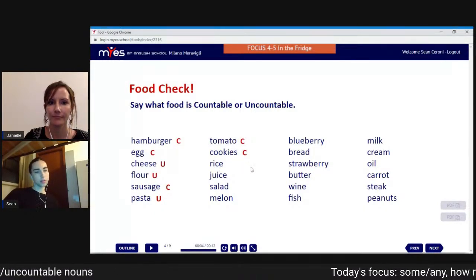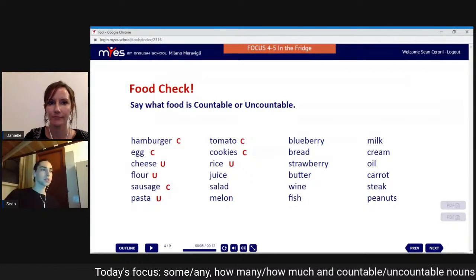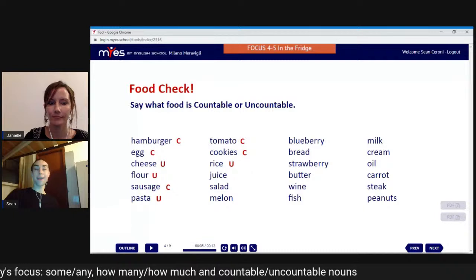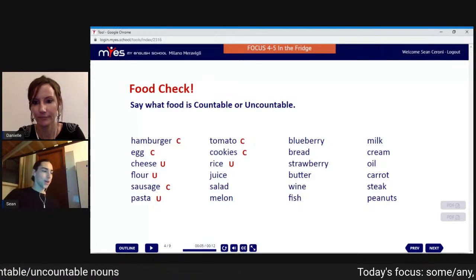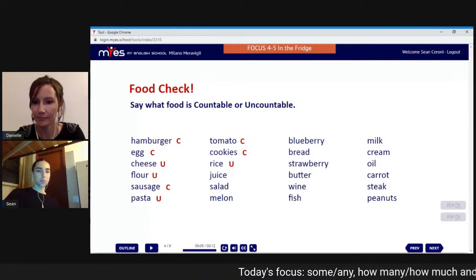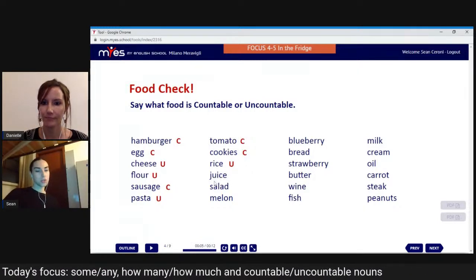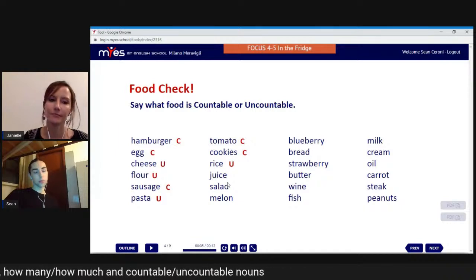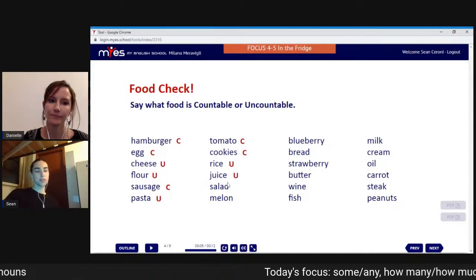Rice is similar to pasta. We don't really talk about one rice or two rice. You can talk about a grain of rice, which is a single tiny piece, but we usually eat much more rice. Now, juice, I think, is important because it's a liquid, and liquid is never countable.